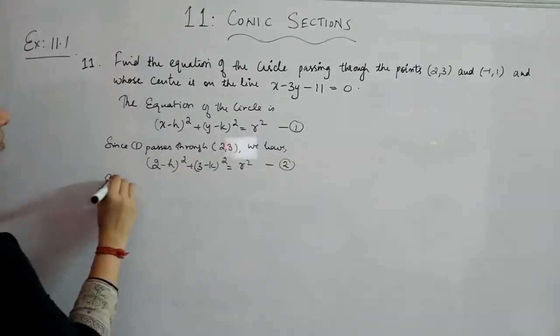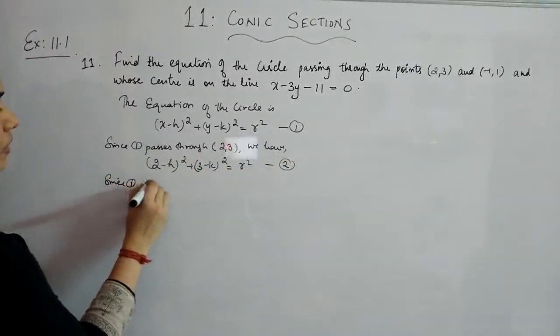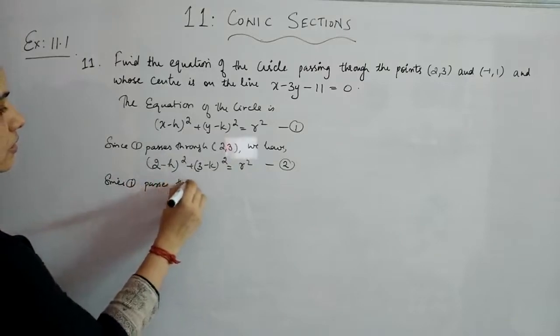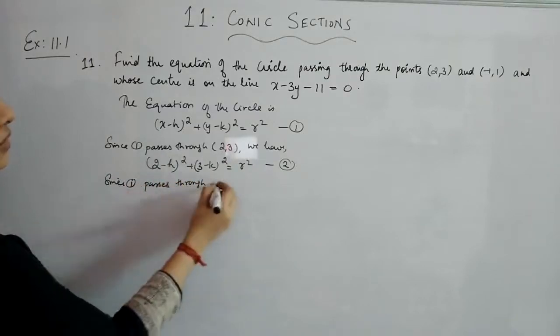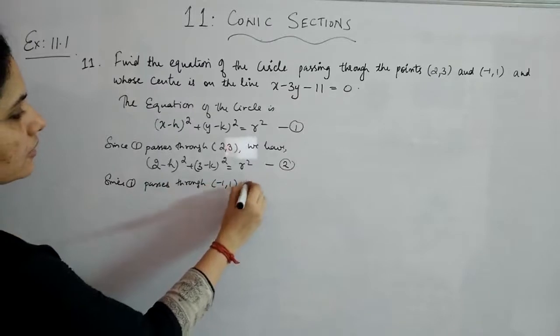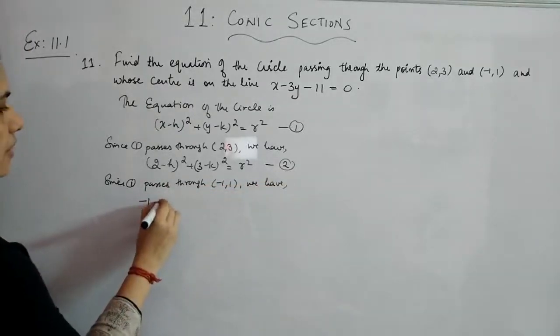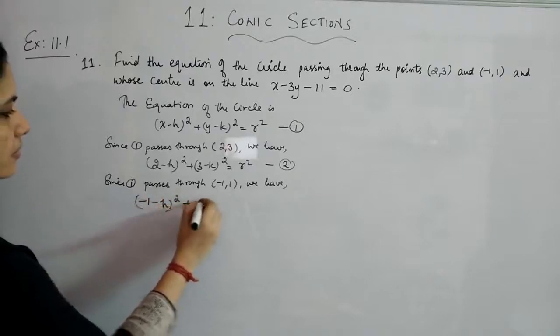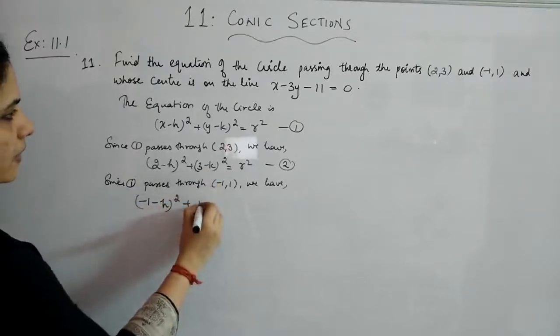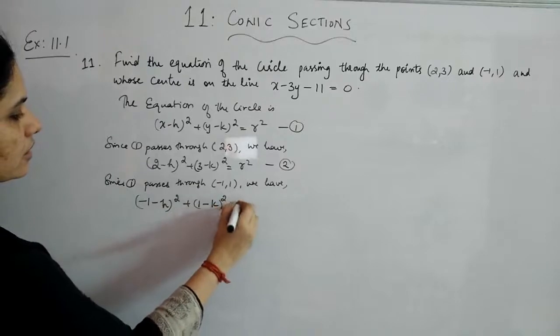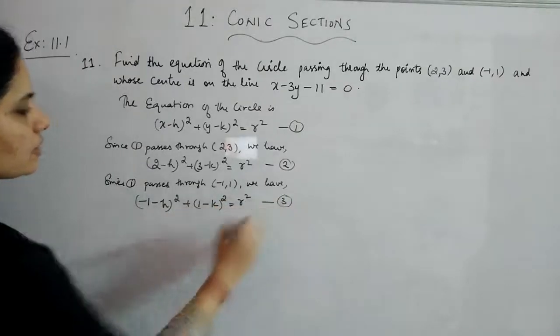Again it passes through the point (-1, 1), we get (-1 - h)² + (1 - k)² = r². This is equation number 3.